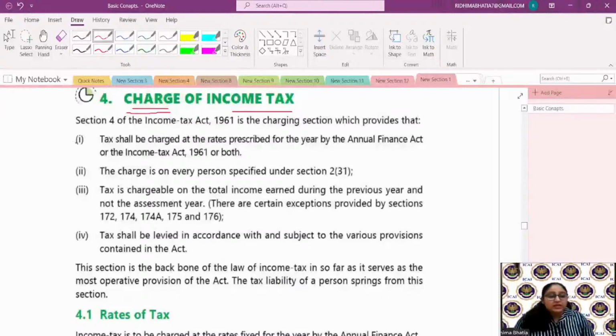Section 4 tells that every income of a person for a particular assessment year will be charged, with few exceptions. So Section 4 is a charging section that provides that the tax shall be charged at the rates prescribed either by the Finance Act or the Income Tax Act or both on every person.